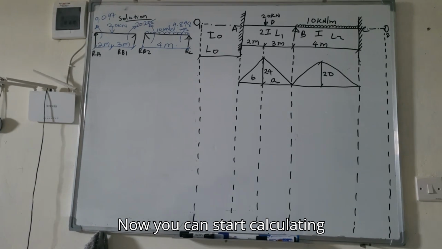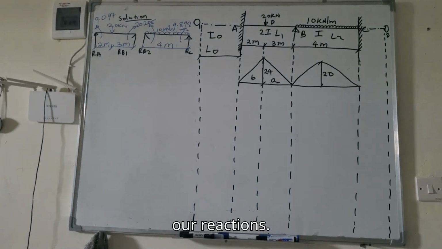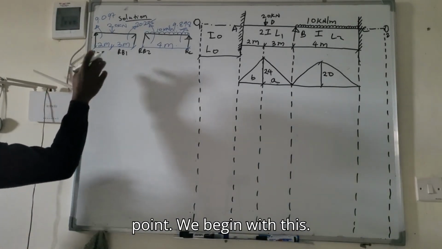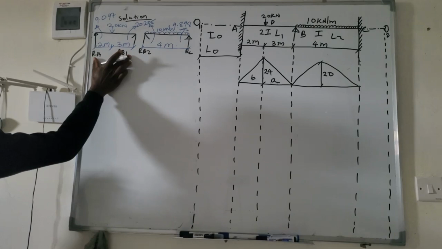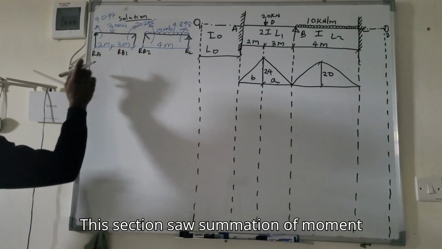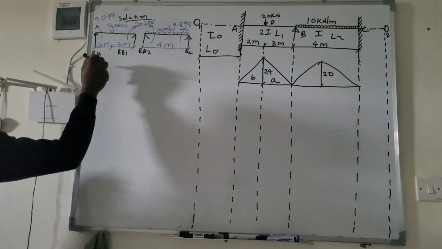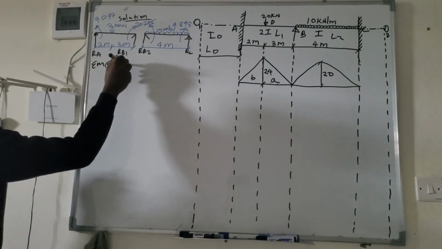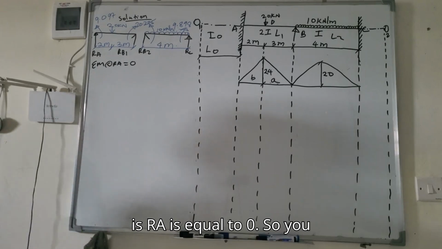Now you can start calculating our reactions. So let's sum moment about a point. We begin with this section. So summation of moment about a point, which is RA, is equal to 0.